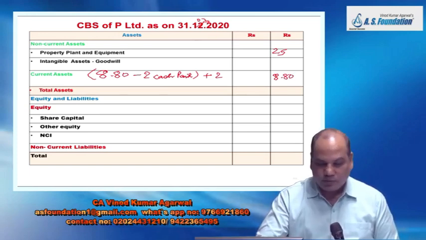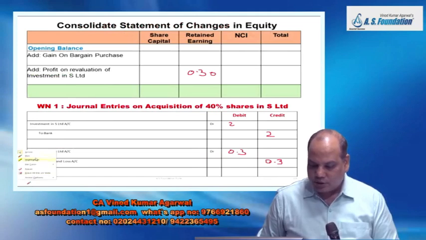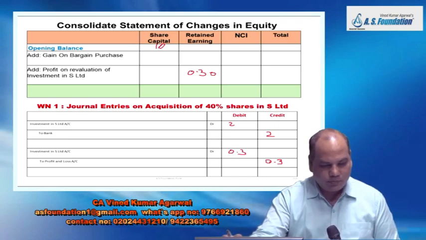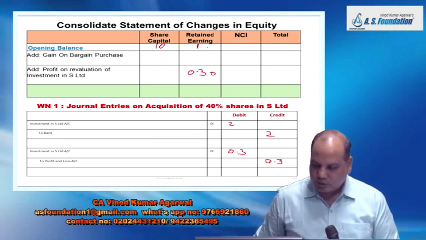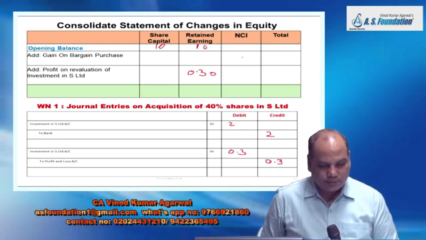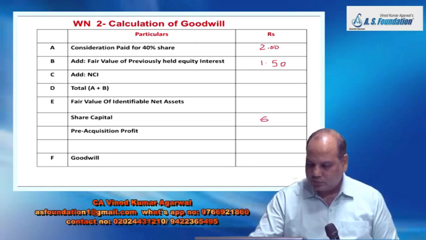Share capital right here. Parent company 10. Parent company share capital also write in the statement of change in equity. Parent company reserve also write here 10. And these two figures, subsidiary's 6 and 5, right here, 6 and 5.